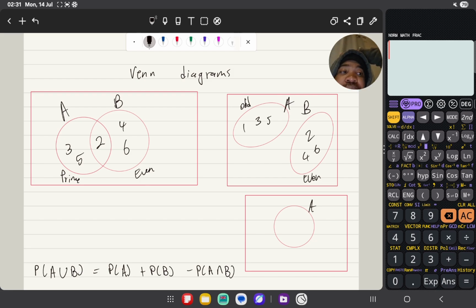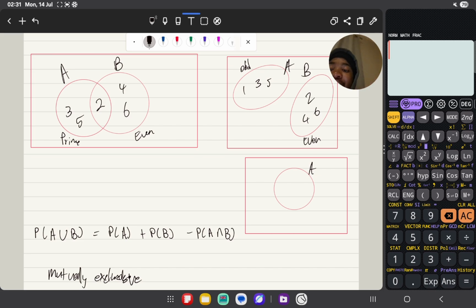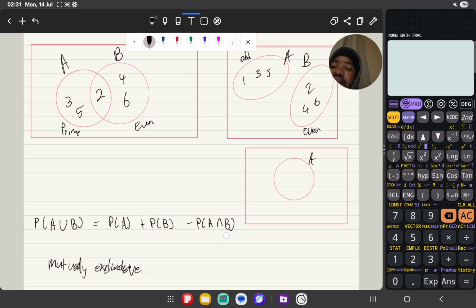So you would say that 2 is the intersection of the two events happening.